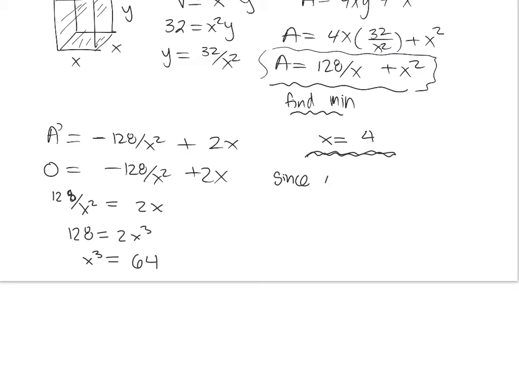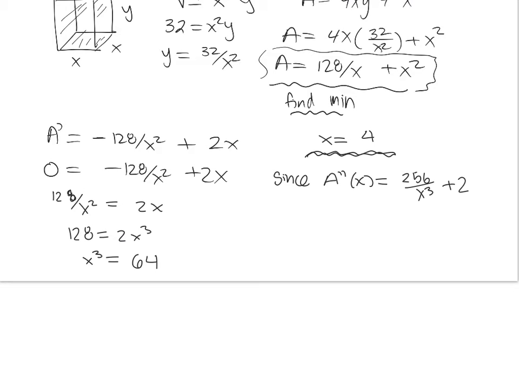Since, what's A prime prime? Because we have to verify this is a min before we move on. You can't just say it's positive, you tell me what it is. So if you differentiate negative 128 over x squared, you get positive 128 times 2, so 256 over x cubed plus 2, right?